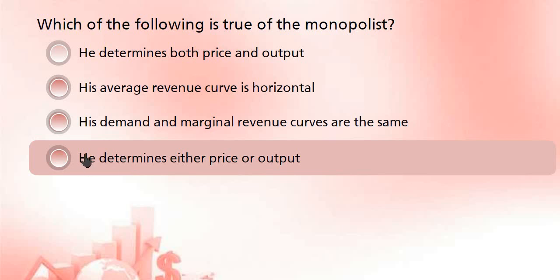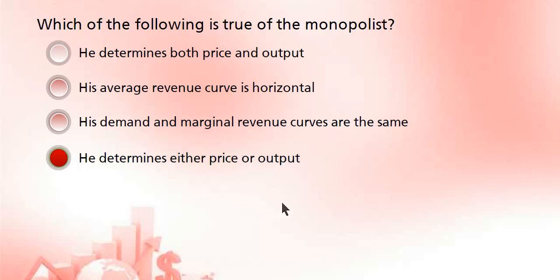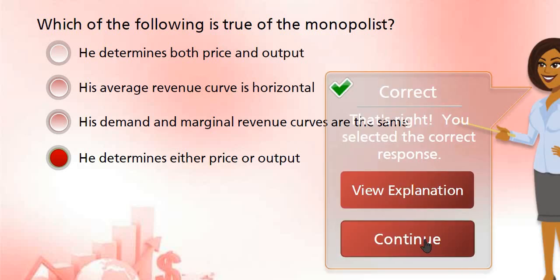The right answer is that a monopolist determines either price or output. A monopolist is simply a single seller of a product that has no close substitutes. It can only determine either the price or output. It does not have power over both at the same time. So the right answer is D.